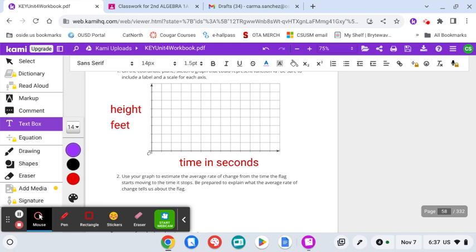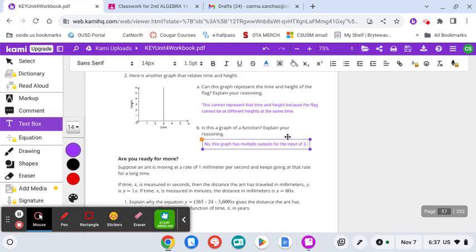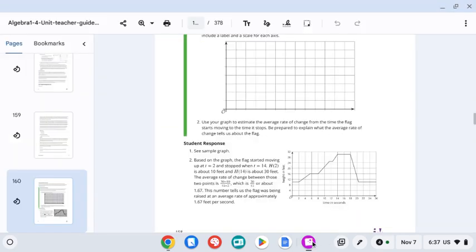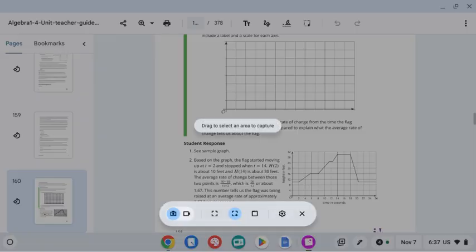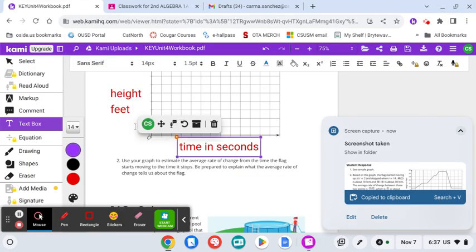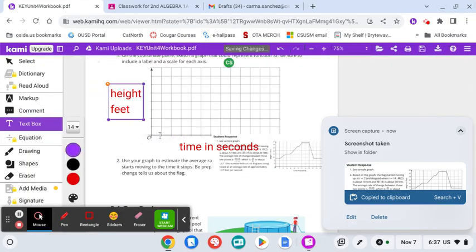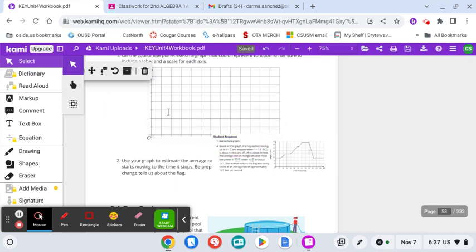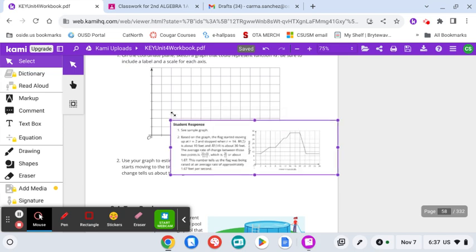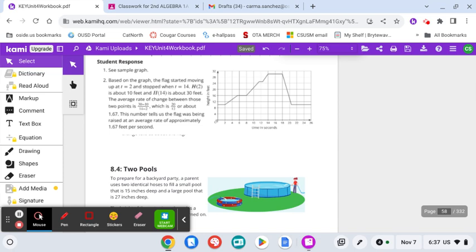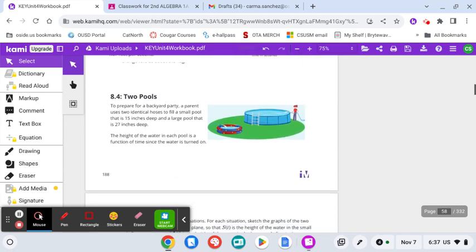And so a possible student response might look like this. All right, go ahead and look at that and see how that looks compared to what you did.